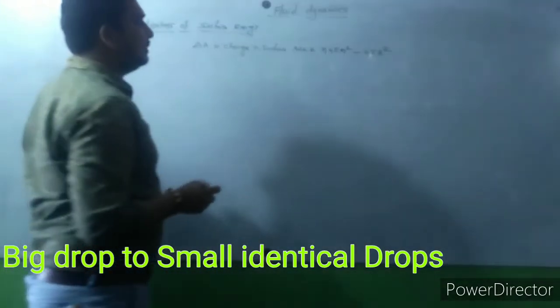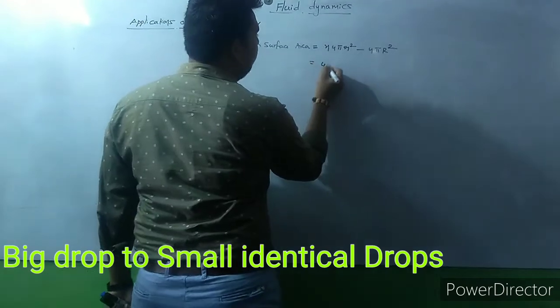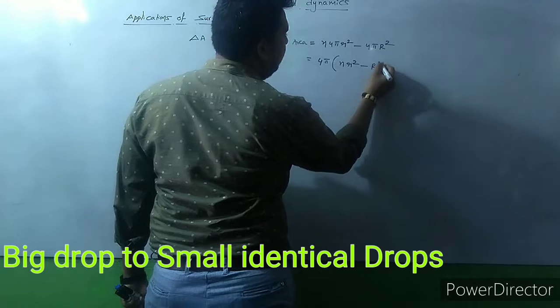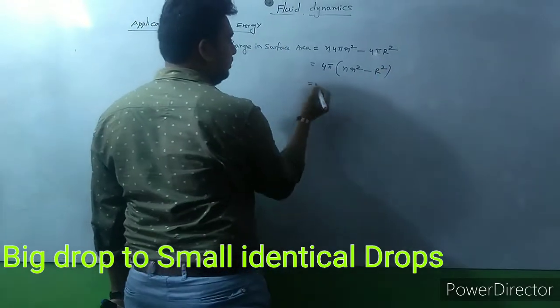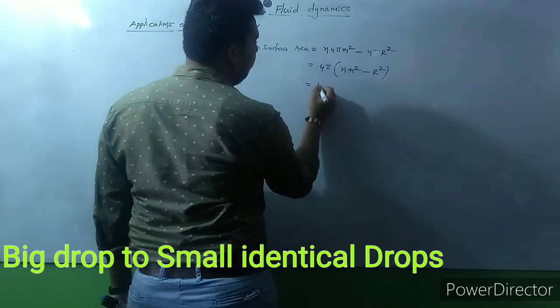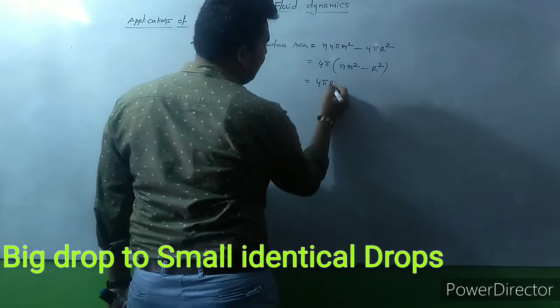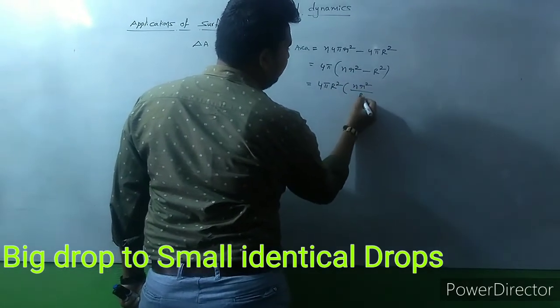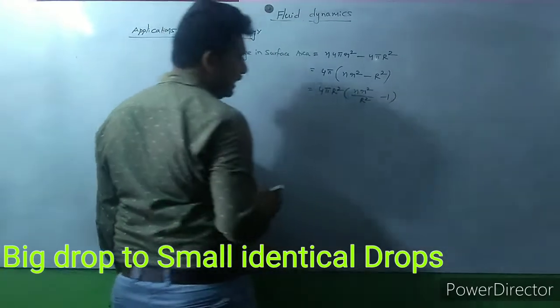Taking 4 pi capital R square out as common, we get n into r square by capital R square minus 1.